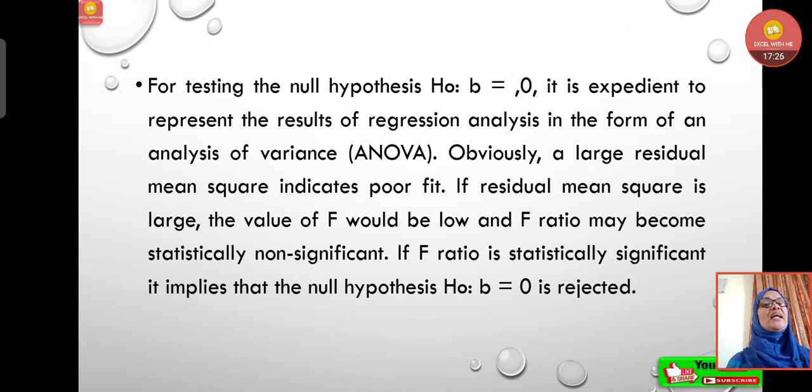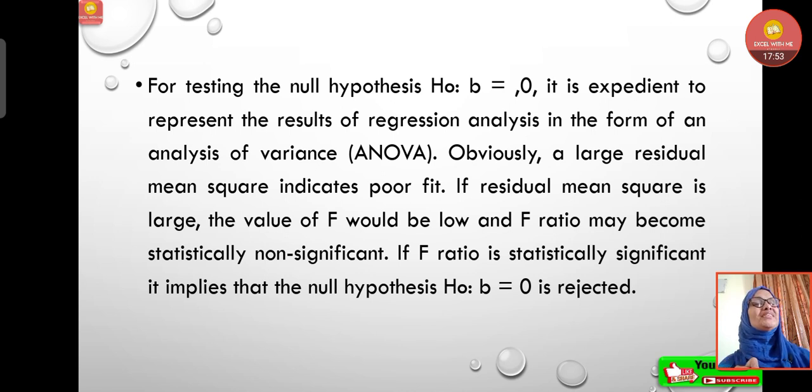For testing the null hypothesis, that is H0: B equal to 0, it is expedient to represent the results of regression analysis in the form of an analysis of variance, that is ANOVA. I will explain this ANOVA in the next video. Obviously, a large residual mean square indicates poor fit. If residual mean square is large, the value of F would be low and F ratio may become statistically non-significant.